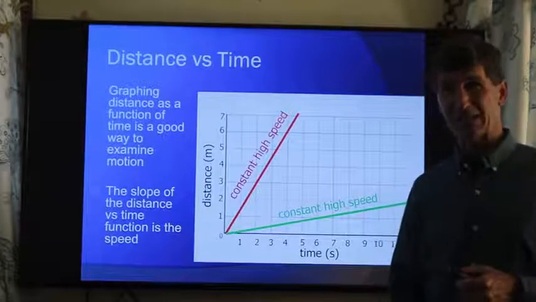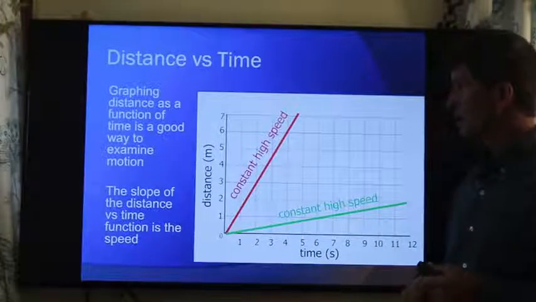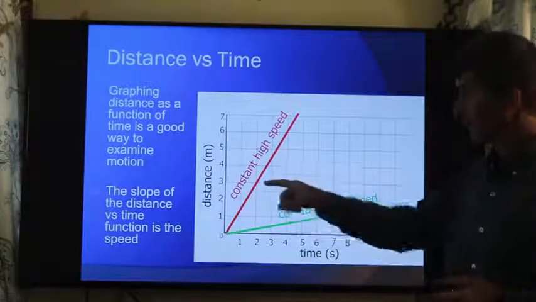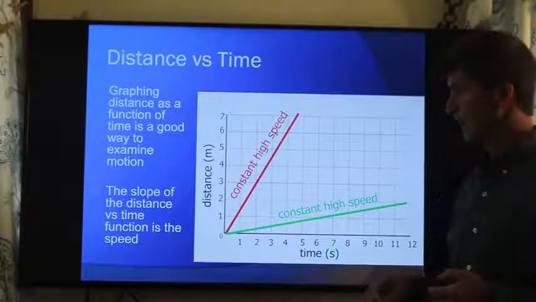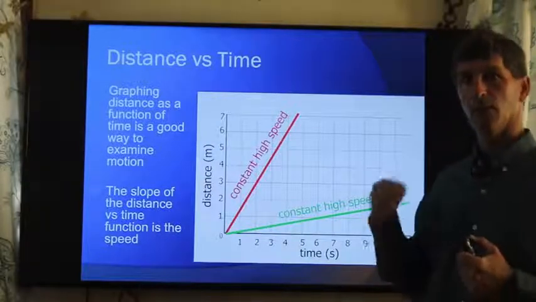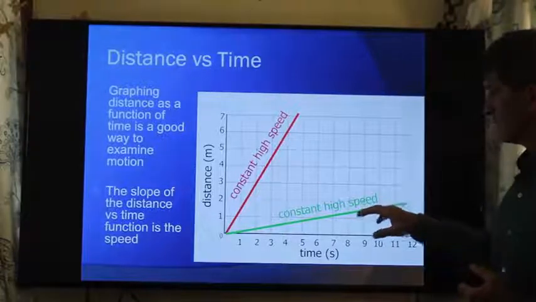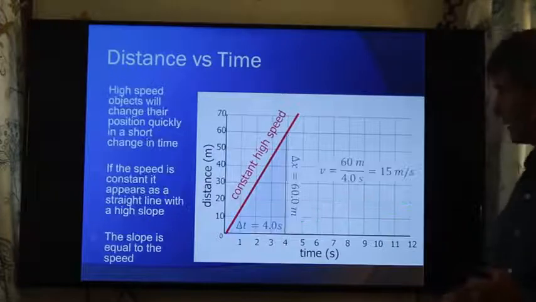Probably should have used displacement, but we'll go with this. In these motion graphs, a very steep slope will indicate a high speed or high velocity. Okay? Smaller slope indicates a lower speed. Got to correct that right there.